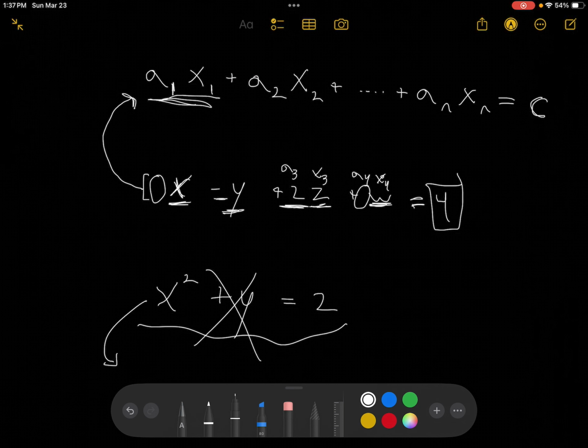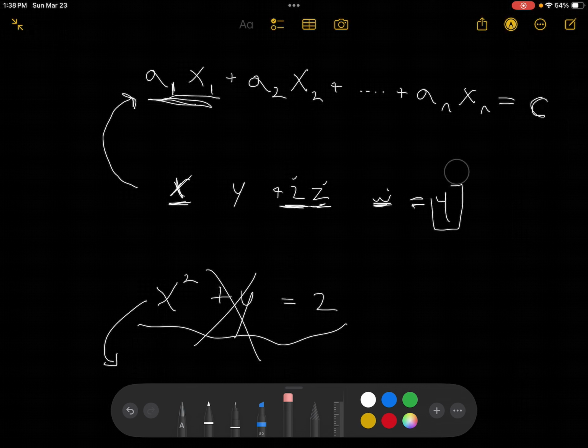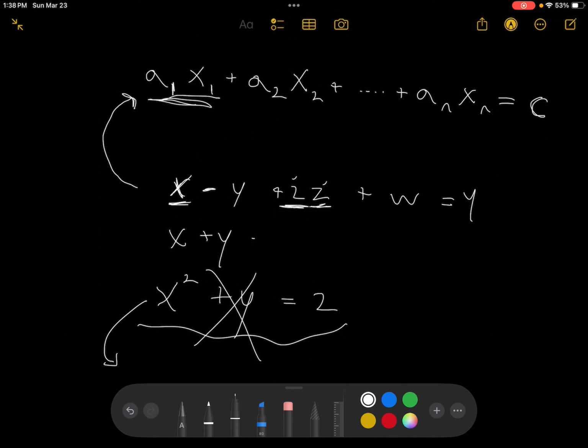Now, going back to our example that is a linear equation, we can create a system of linear equations, which is one or more linear equations that all have the same variables. So I'm going to turn this one linear equation into a system of linear equations by adding this second equation.